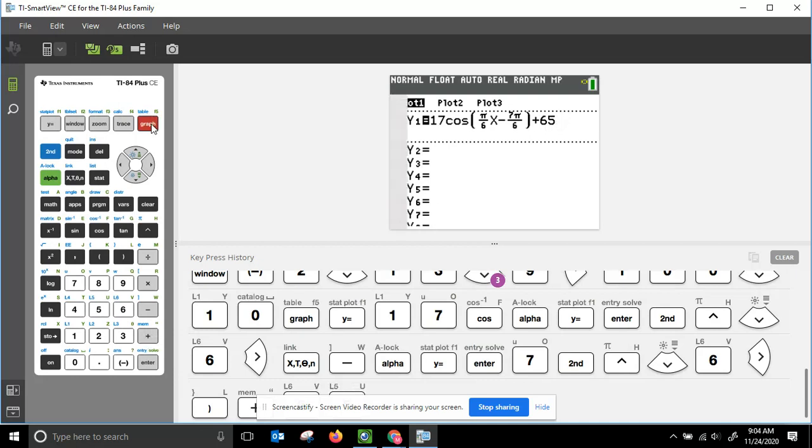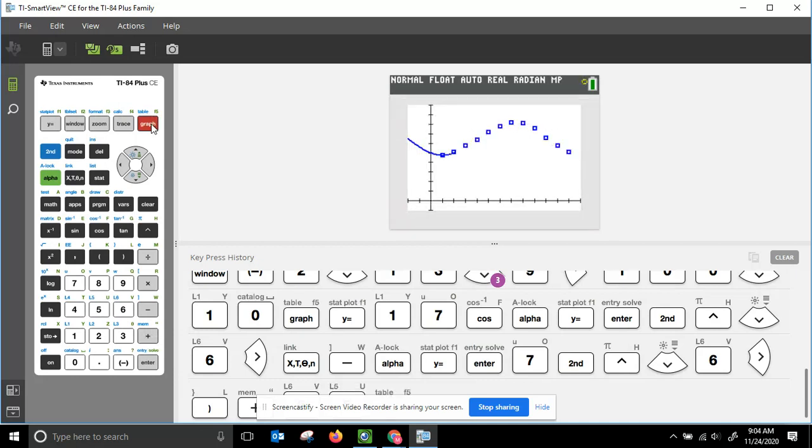We go ahead and graph this thing. As we can see, it's a pretty good model.